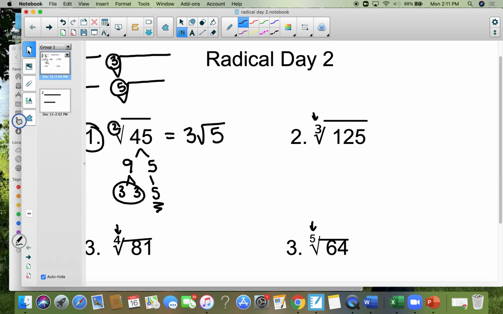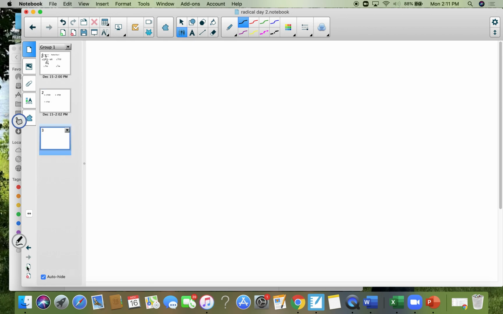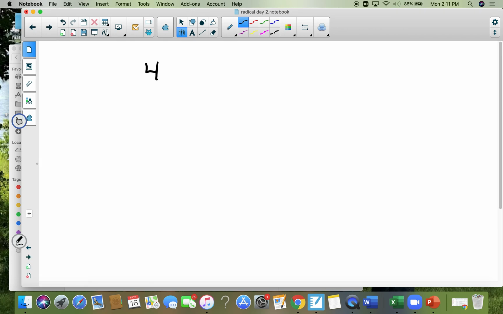We also learned yesterday 4 root 18. The 4 is already out there from yesterday. And 18 is going to be 3 times 6. The 3 comes down.